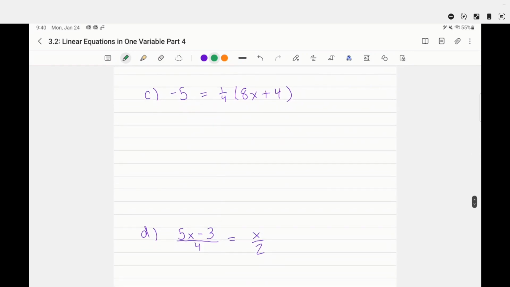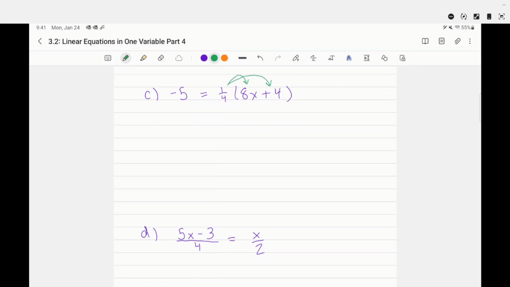Part C. Negative 5 equals 1/4 times 8x plus 4. So here, like I said in the previous section, I would distribute the 1/4 first before trying to solve anything. So let's take 1/4 times 8x and 1/4 times 4.